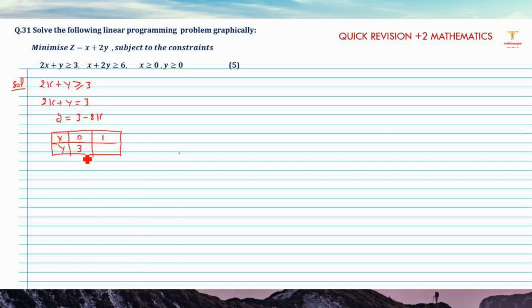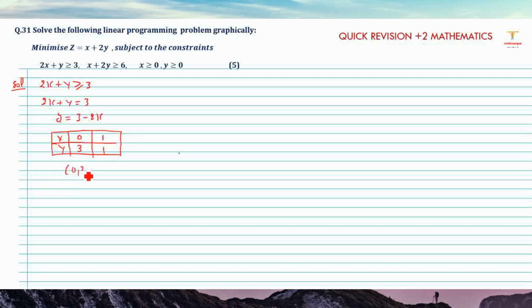So if you put the value of x as 1 here, then y comes out to be 1. So now it is clear to you that this line is passing through 0 comma 3 and 1 comma 1.